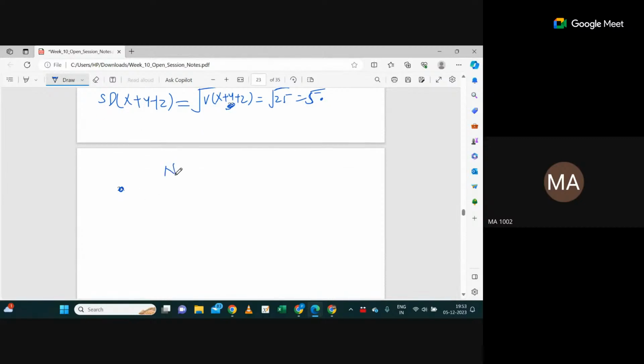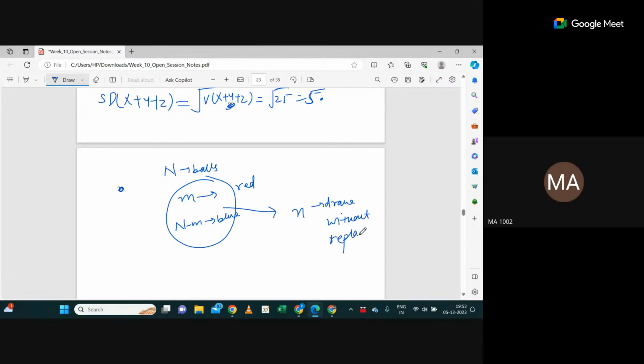Suppose I have some capital N balls in total. Out of these capital N balls, let's say small m are red, and then capital N minus m are another color, let's say blue. Now suppose I'm going to draw small n balls without replacement, drawing a ball at random.